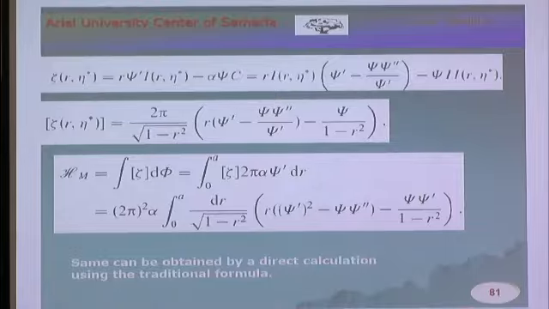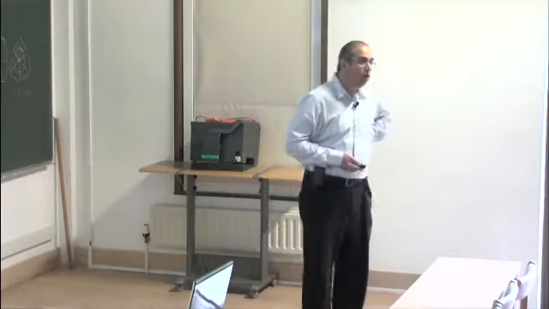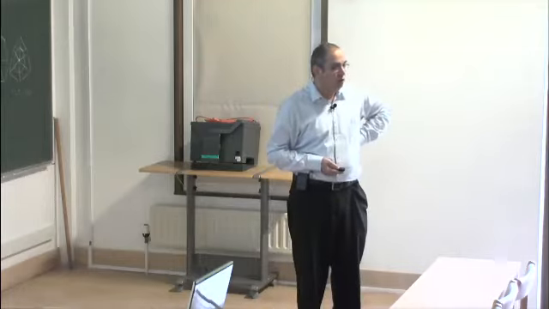So this whole machinery works out, and you can get the correct value of the magnetic helicity. And by this slide, I conclude my talk, and I thank you very much for listening.